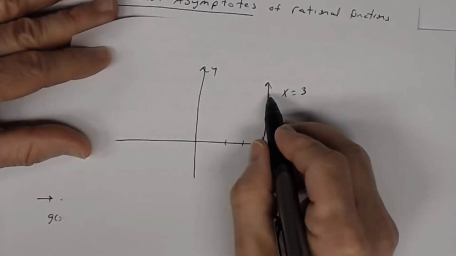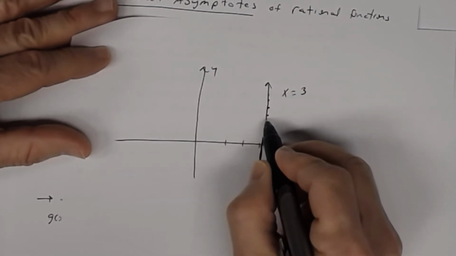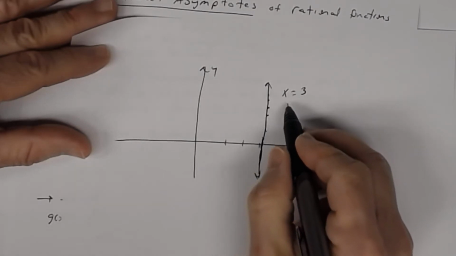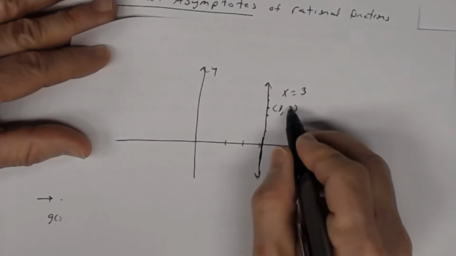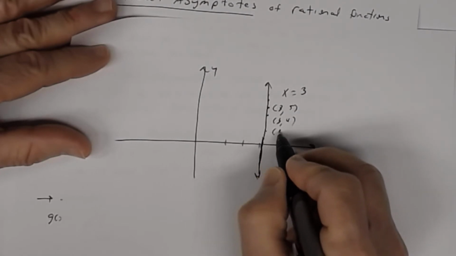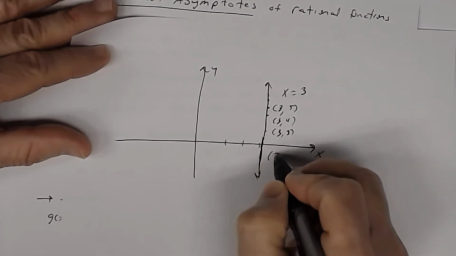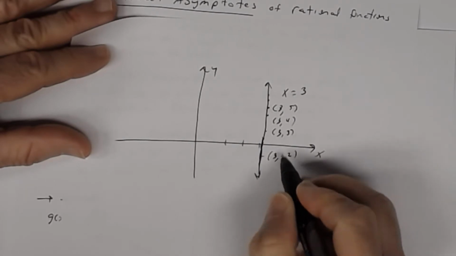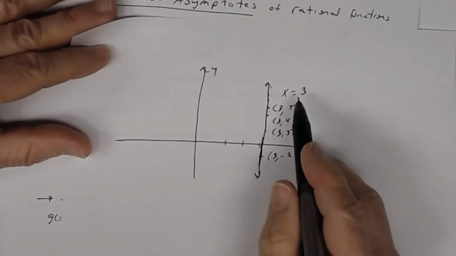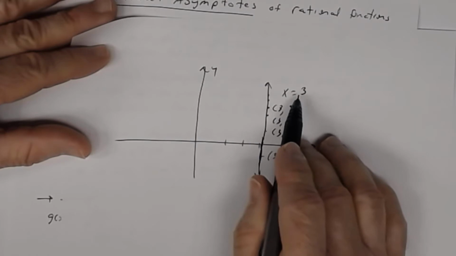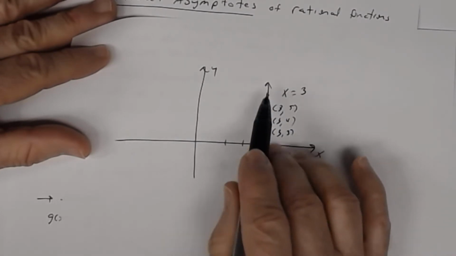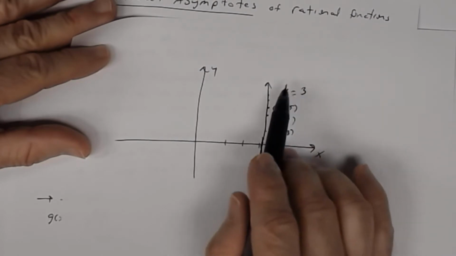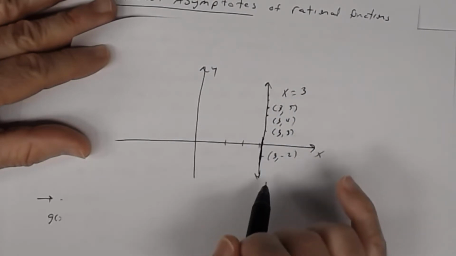What that means is that every x coordinate on this line has the value 3. So this is 3 comma 5, 3 comma 4, 3 comma 3, and so on, 3 comma negative 2. Notice that all these points have the x value of 3. So that's why, in the naming of a vertical line, you don't see a y value.